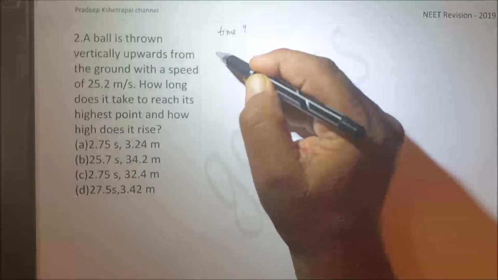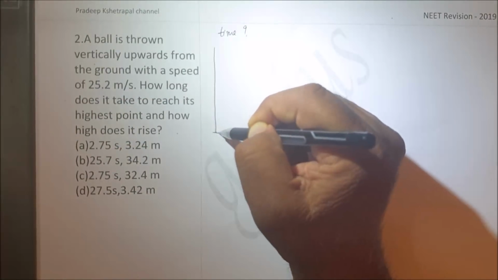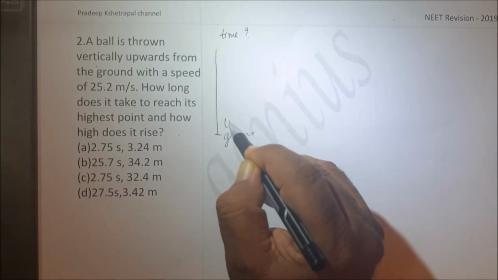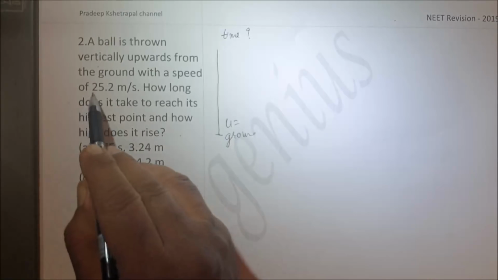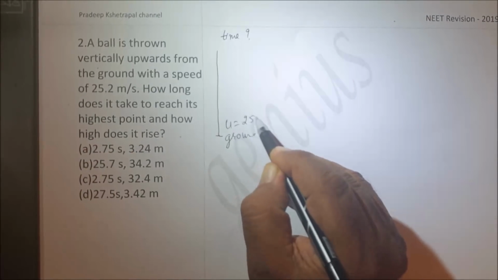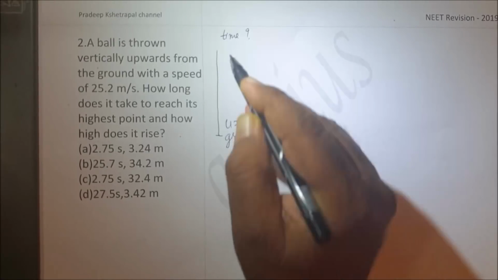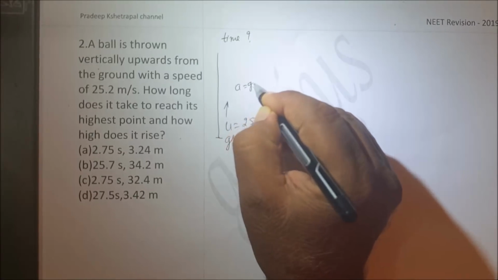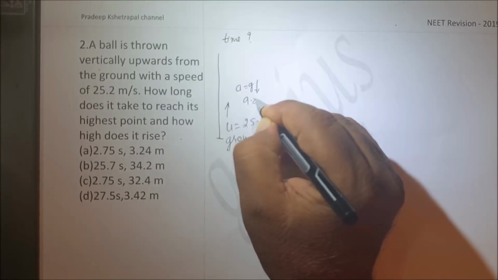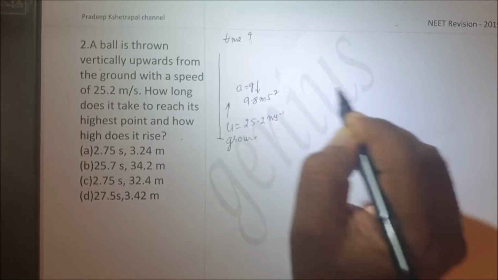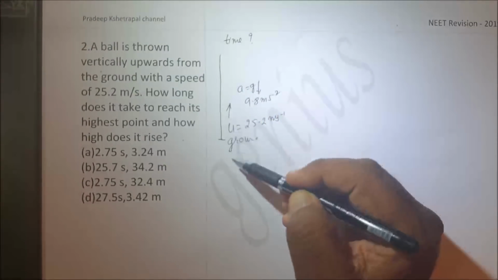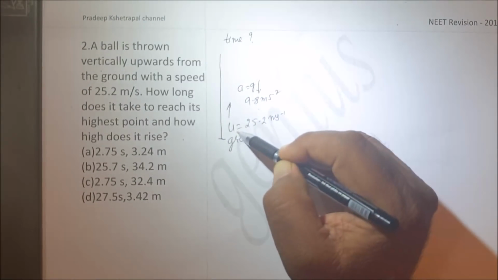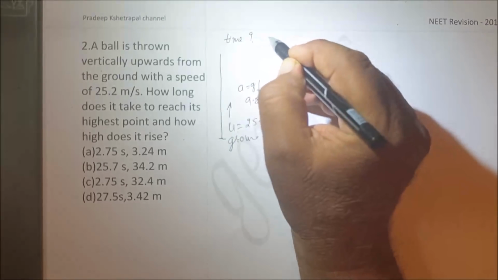A ball is thrown vertically upward from the ground, with a certain initial velocity which is given to us, 25.2 meter per second. When it is going up, acceleration acts down, that is equal to g, 9.8 meter per second square. Now what is being asked? Time.